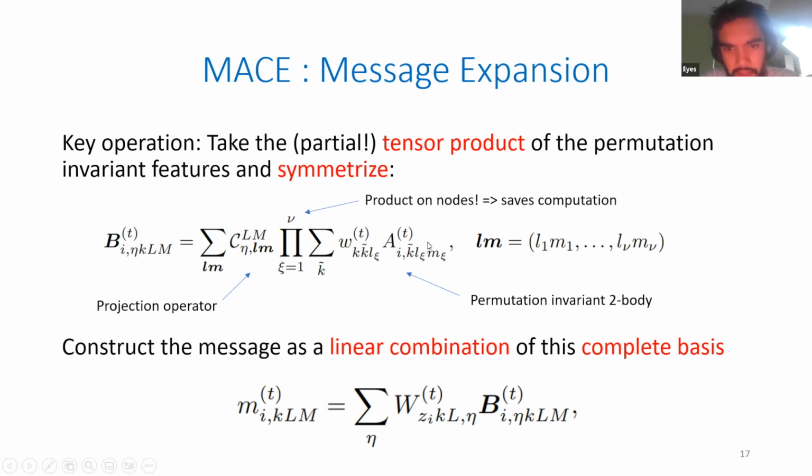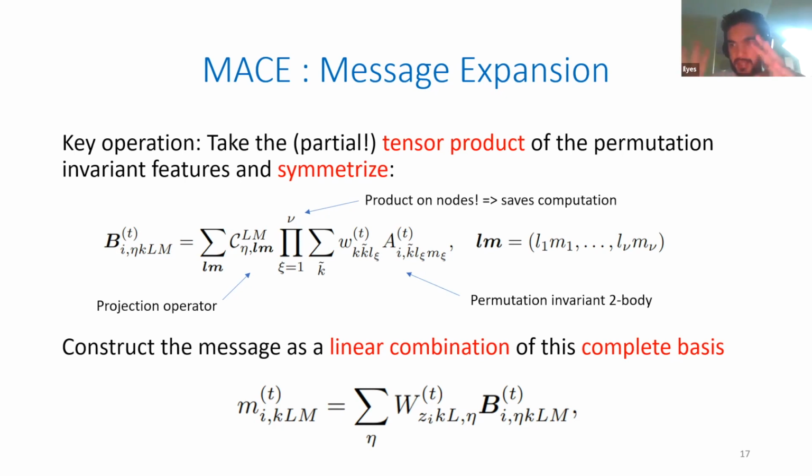Oh, great. So these LM indices are just the spherical channel indices. And this is what links to David's remark, that we know how this space is transformed. So basically, if you take, for example, LM equal to 0,0, then you know that these A features are just invariant scalars. And if you take L equal to 1, then this A will have 3 components, m equal to 1, 0, and -1.